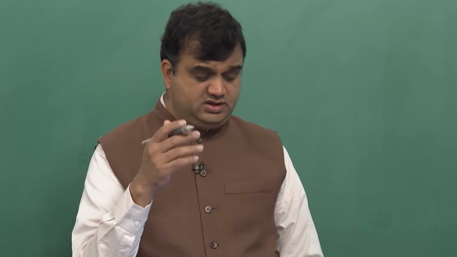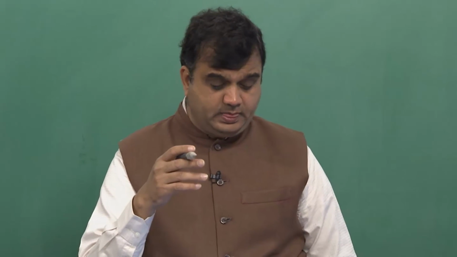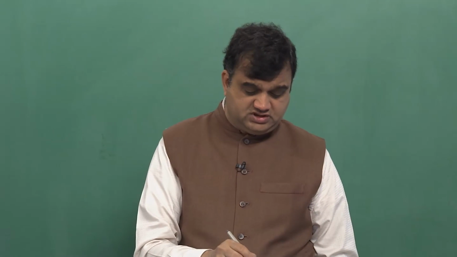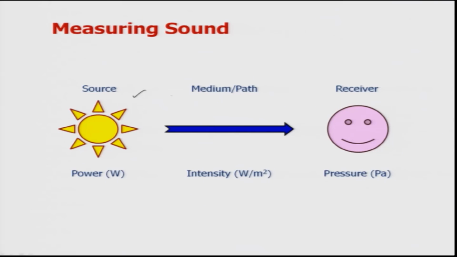The third thing, the last point I wanted to make in this particular lecture, is that we can measure sound using 3 parameters. When sound is propagated, actually 3 things are happening. It gets generated at a source, which is indicated here, then it travels in a medium which could be air or water or steel.